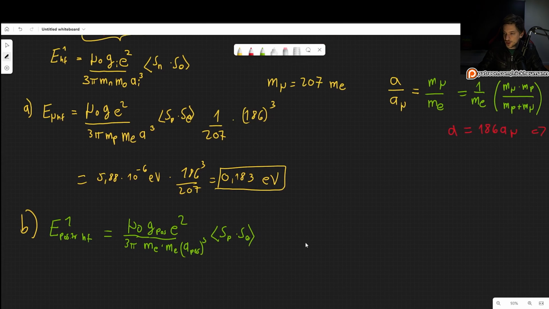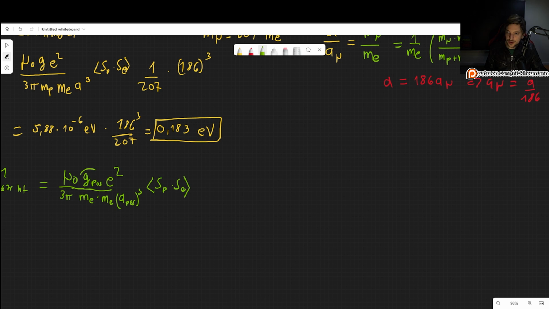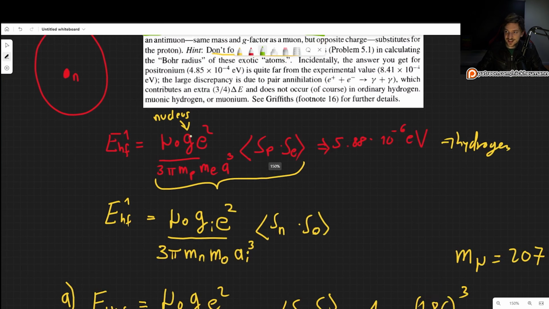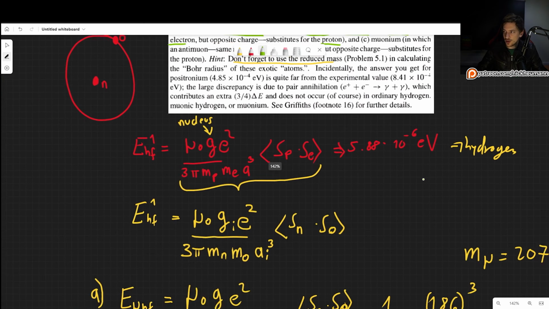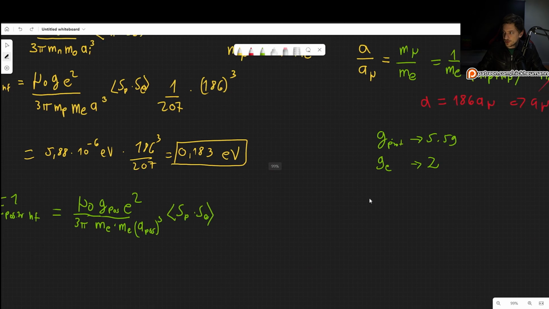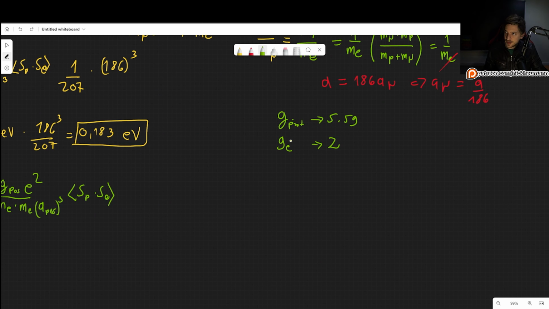Okay, so we need to now find our new G. So we know that the G factor for the proton is 5.59, while the G factor for the electron, and thus for the positron, is 2. So again, we want an expression that looks exactly like this because we already know the numerical value. So for that reason, let's take the ratio between these two. It doesn't matter which you divide by which, you can always change it later.